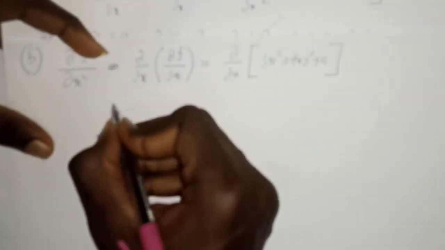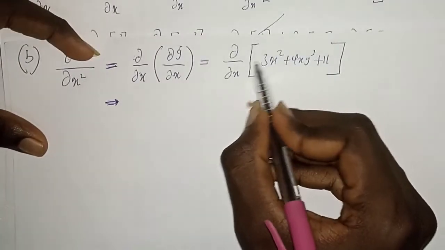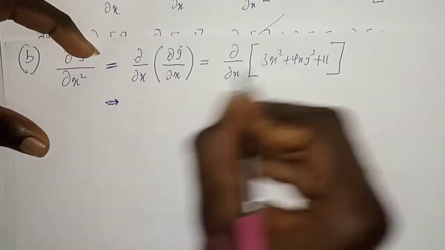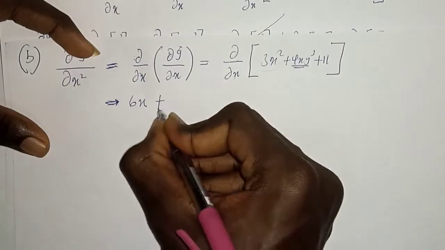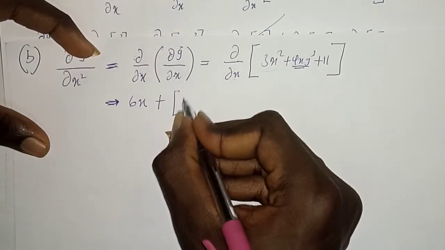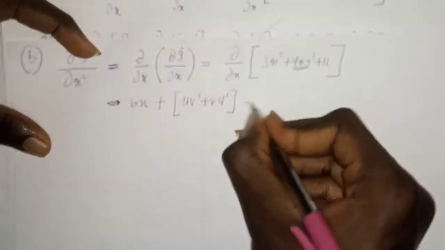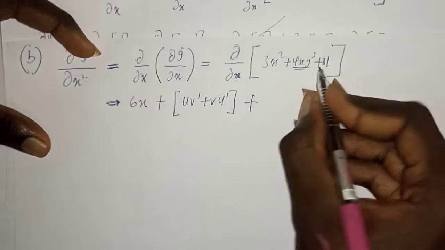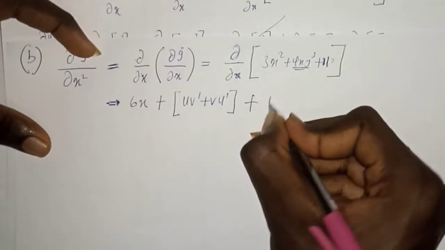Differentiate 3x squared partially with respect to x, so it's allowed. That's 6x. Now this one is a product rule, so I would advise you to just introduce a bracket and write u v prime plus u prime v to avoid mistakes. This is the best way to do it. And then differentiate 11 partially with respect to x. You can introduce x to the power of 0.